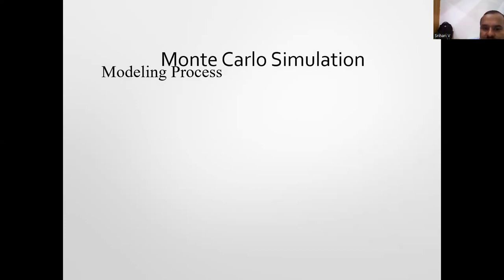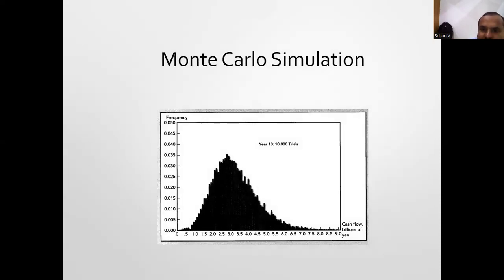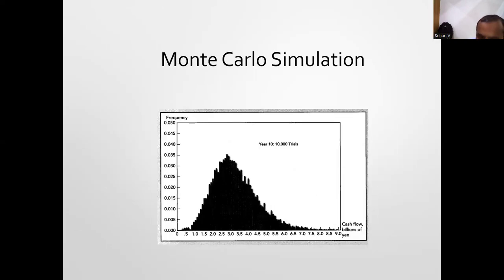Then simulation. What is a simulation? In simulation, we have the steps like modeling the project, specifying the probabilities, then simulating the cash flows, and we are going to judge the project based on the NPV. Under simulation, if the NPV is positive, we are going to accept the project.